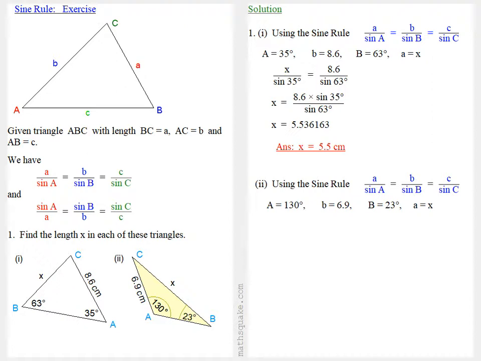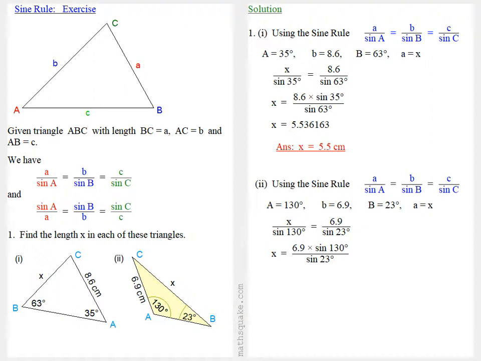So substituting it in the formula, we have x over the sine of 130 equals 6.9 over the sine of 23. If we multiply both sides by the sine of 130, we get x is equal to 6.9 times the sine of 130 over the sine of 23.